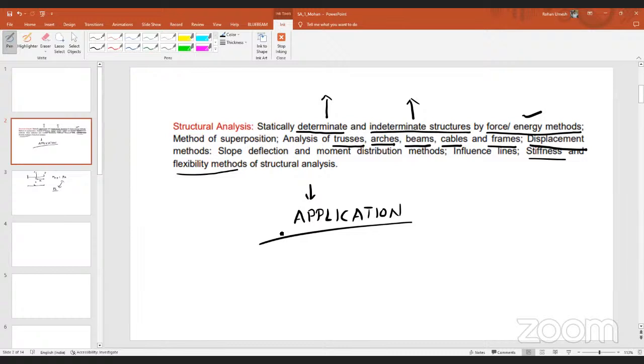Frankly, without these equations, there is no problem that we can solve in this course. I can blindly say you only have to use summation of Fx equal to 0, Fy equal to 0, or summation of moments equal to 0, if it is a 2D problem. The whole heart of this analysis lies in those 3 equations only.